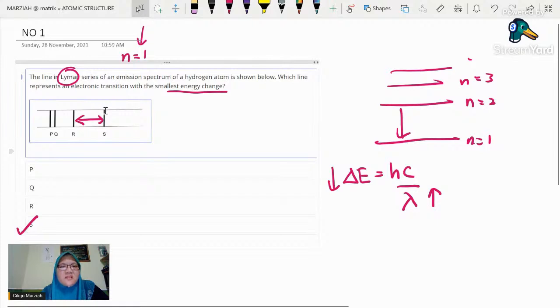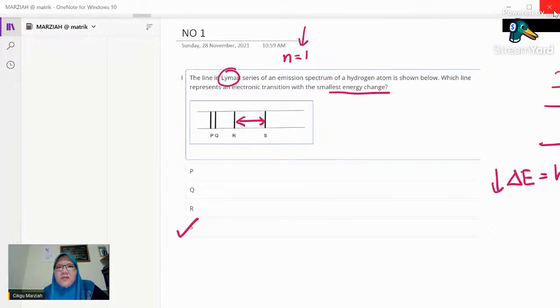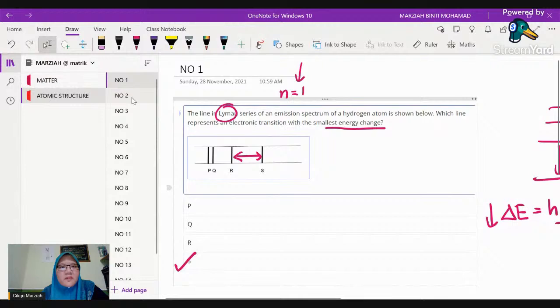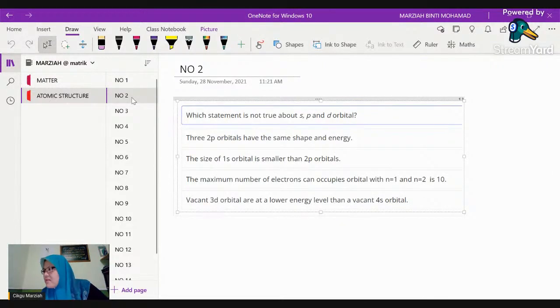This is the first transition which is n equal to 2 to n equal to 1. For R, 3 to 1, Q, 4 to 1, and P, 5 to 1. So that is the answer. If you have any question, you can write on the chat.